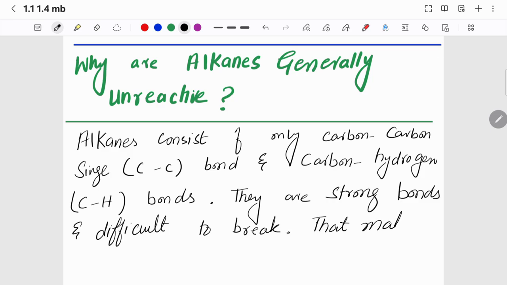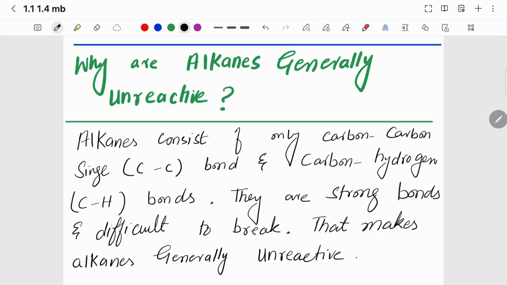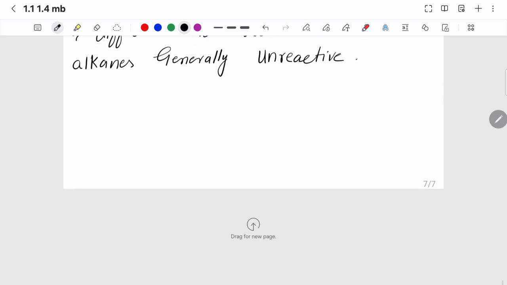That makes alkanes generally unreactive. Okay, however, alkanes undergo some of the chemical reaction, and one of them is combustion.